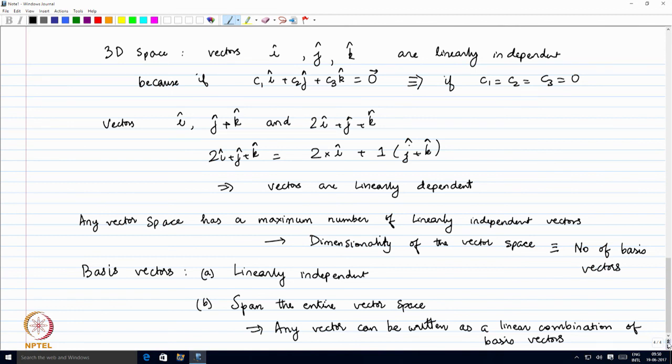For example, if you take a 2D space, you can choose basis vectors as i and j. So, any vector (x, y) can be written as x i plus y j.